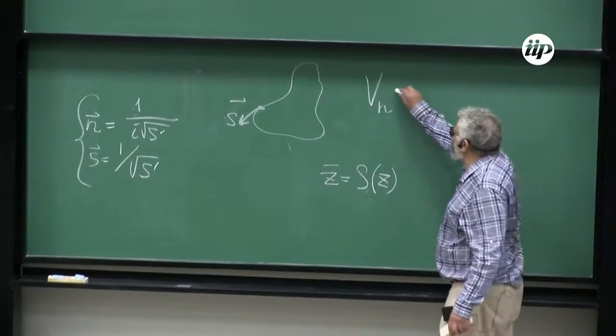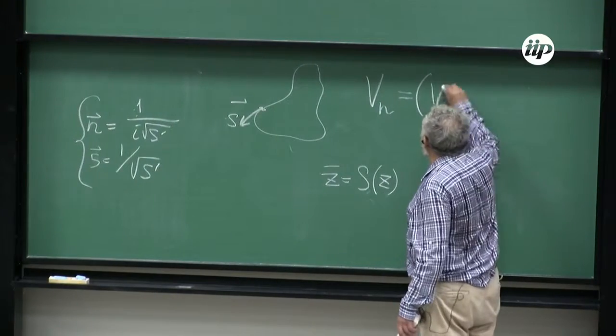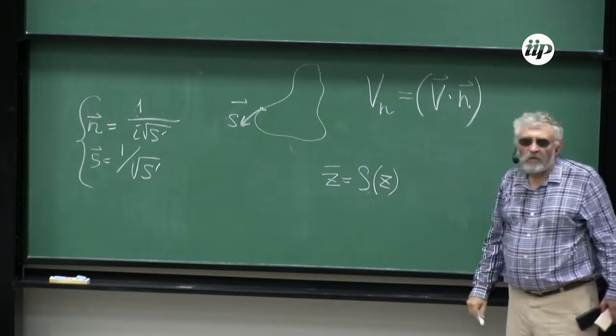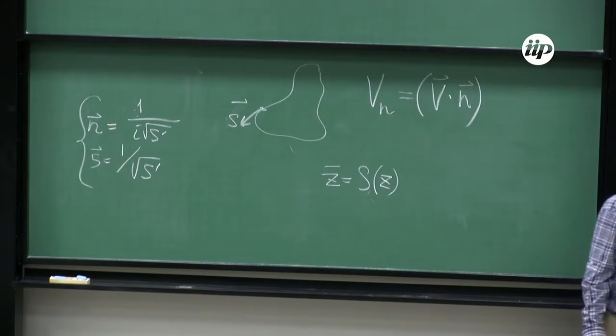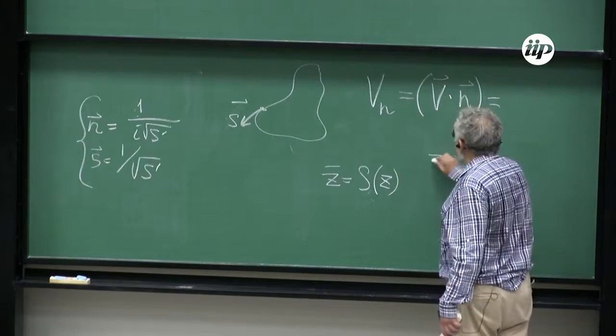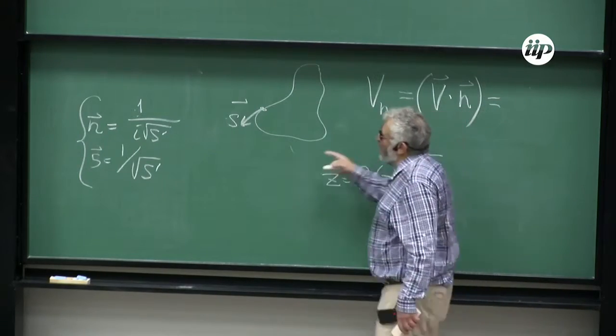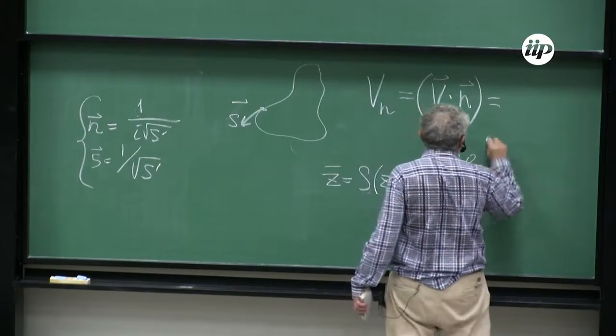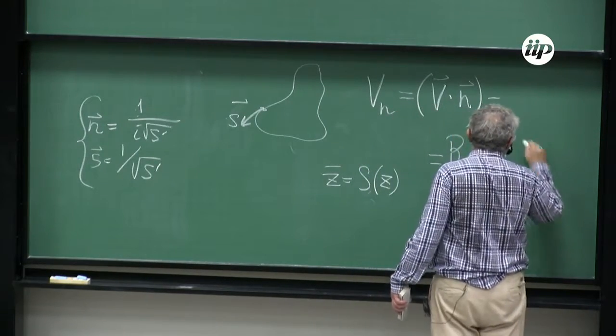What is normal velocity? It is the projection of velocity to the normal. Or if we switch from vectors to complex numbers, it is the real part of this product.